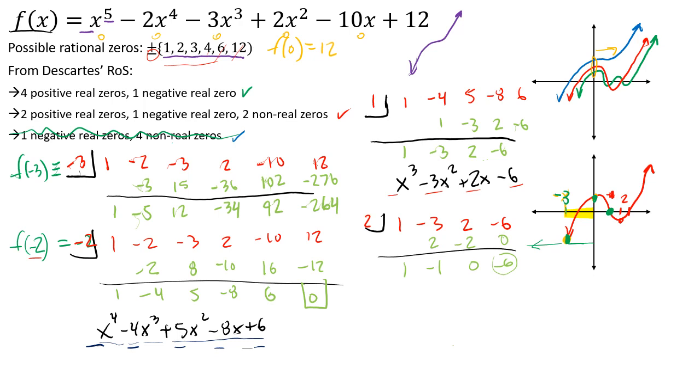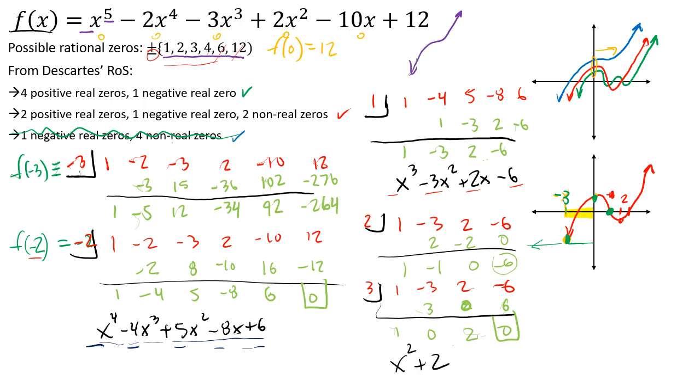Let's try 3, using those same coefficients again. So we got 1, 3, 0, 0, 2, 6, 0. Oh, cool, 0. What we end up with then is this new polynomial of x squared plus 2.